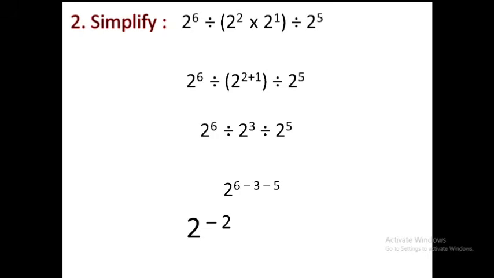That will be 1 out of 2 exponent 2. And so 2 exponent 2 means 2 times 2. And 2 times 2, what would that be? 4. And so our final answer becomes 1 out of 4. I believe you love what we're doing.